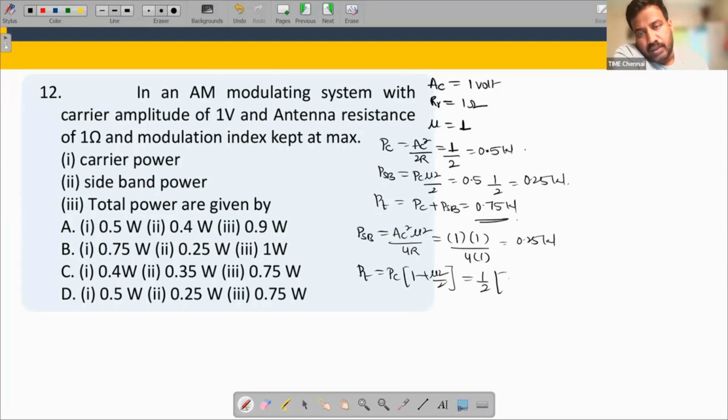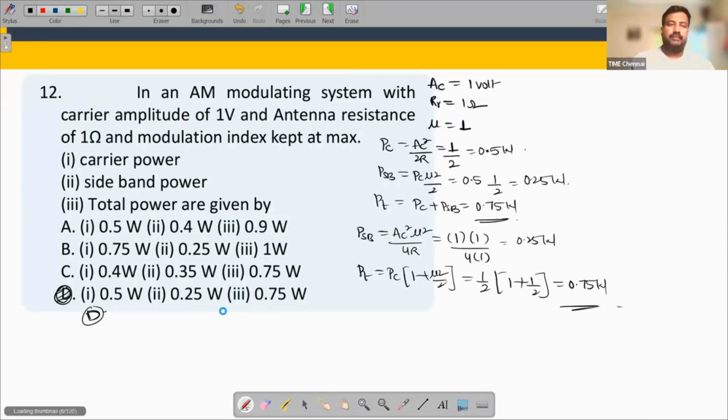That's 1 by 2 into 1 plus 1 by 2. Should also give you the same answer, of course. So 0.5, 0.25, and 0.75 watt. Option D is the answer.